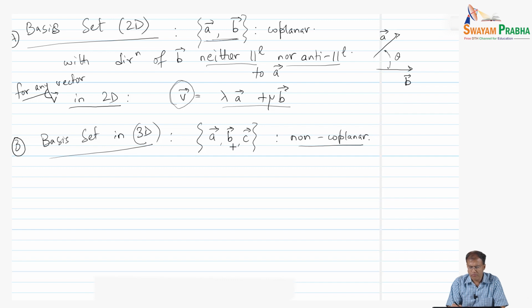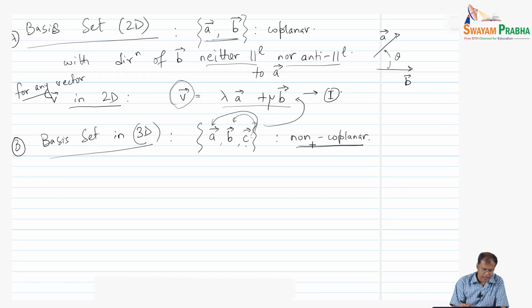Because if these vectors are coplanar, then we can certainly represent the third vector in terms of the other two using this relation. Let me call this 1. So we need these 3 vectors to be non-coplanar.